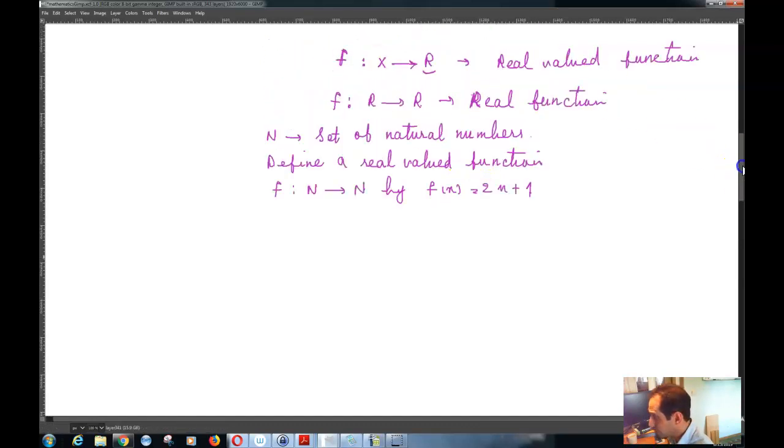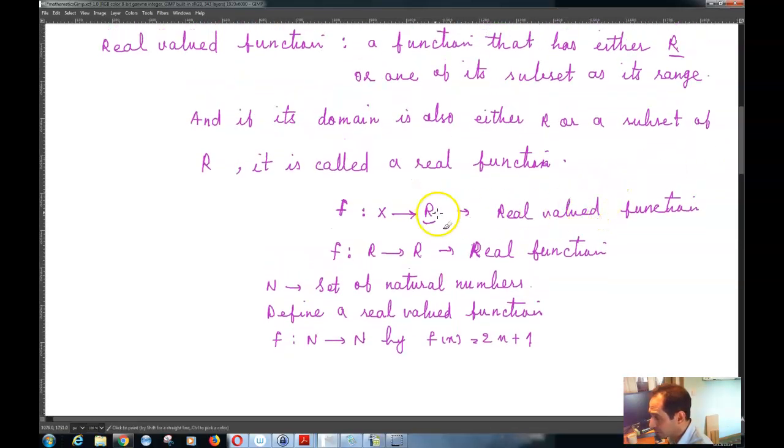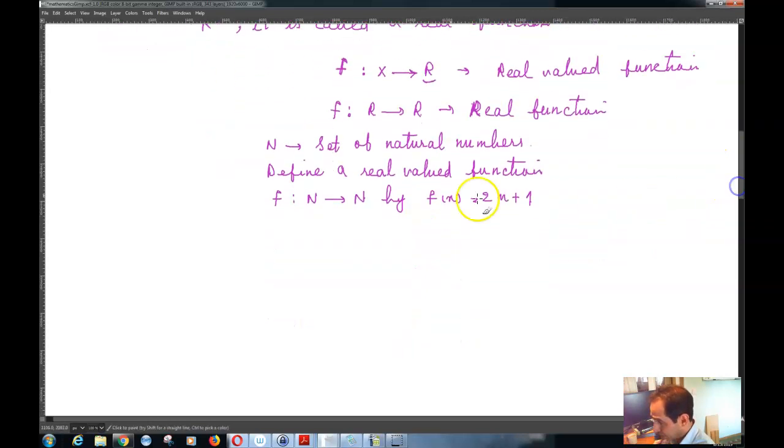So we said that a real valued function was a function whose range is the set of real numbers or some subset of that. Here we have the set of natural numbers, and of course the set of natural numbers is a subset of the set of real numbers.